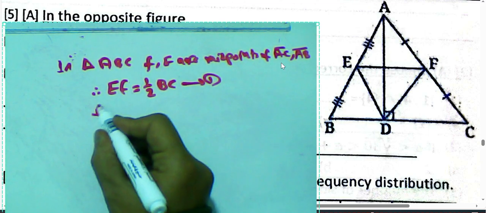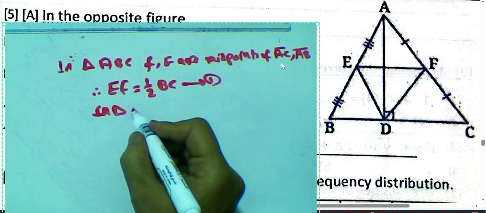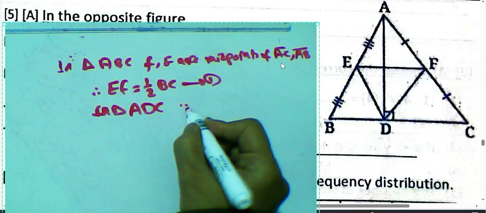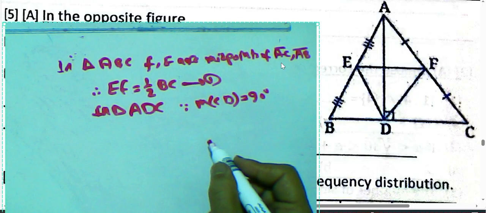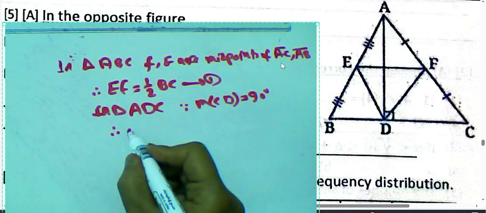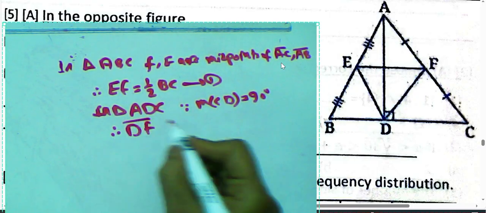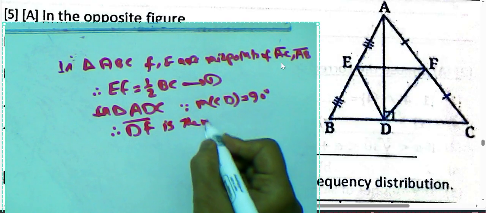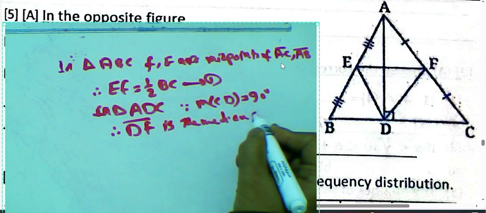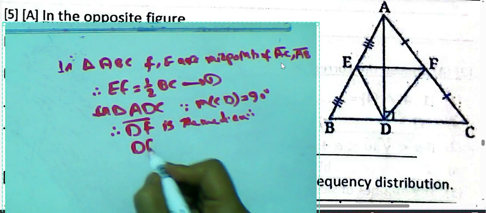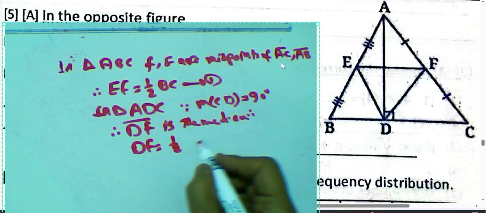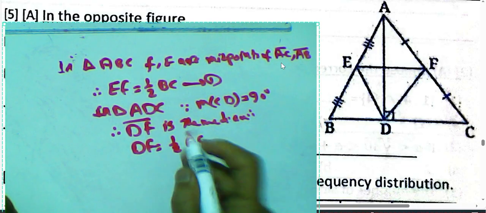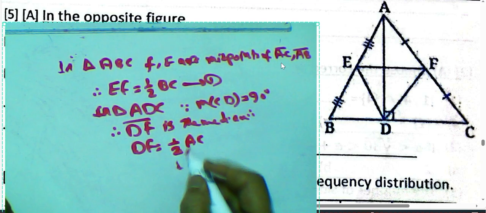And in triangle ADC, such that the measure of angle D was 90 degrees, then DF is the median. Then the length of median DF will be half of the hypotenuse in a right angle triangle. DF is half of AC.